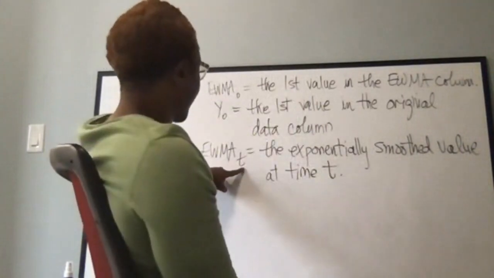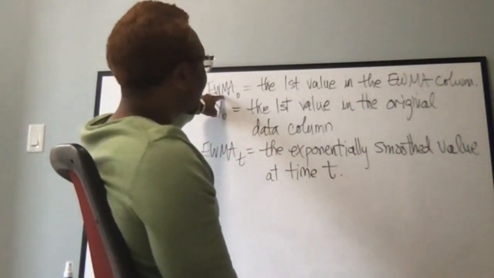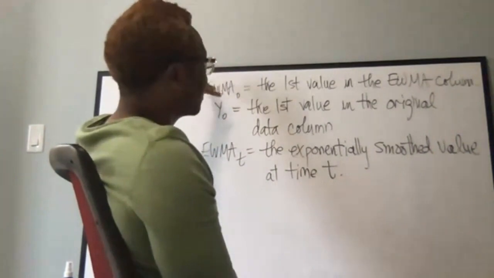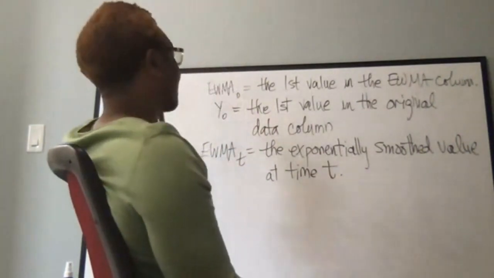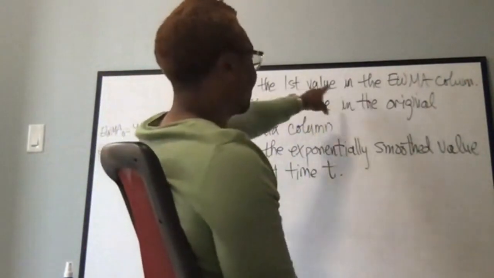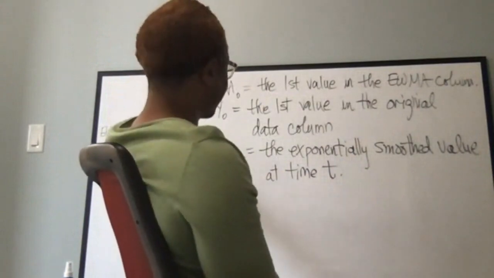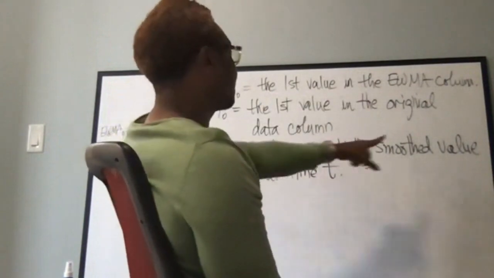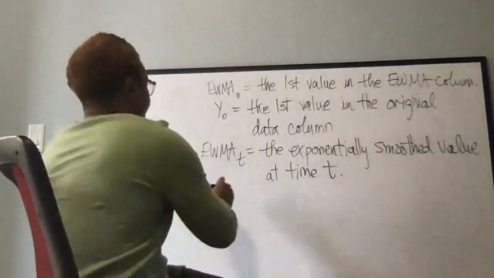See, that's what that t is right here. Now this first thing right here says the first value, so it's really the exponentially smoothed value at time 0. And we're going to see what that looks like on the chart itself. It's going to equate to the first value in that particular column, and we're going to see why. But this thing simply says it's the exponentially smoothed value at time t. That's just kind of what it means.